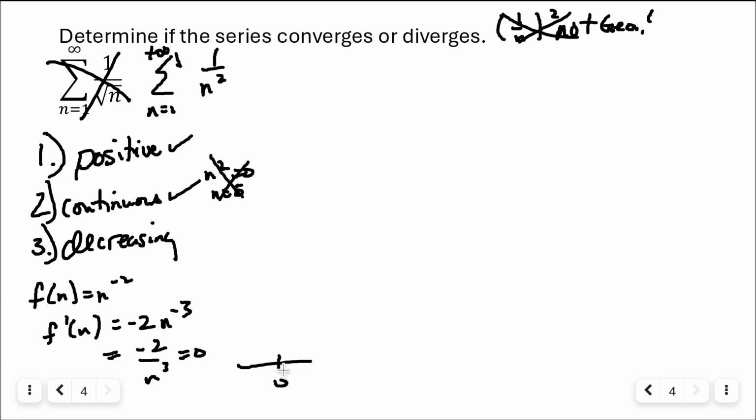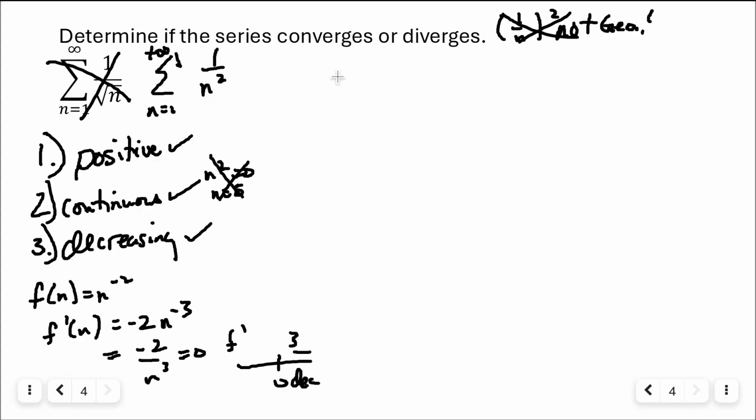So I can put 0 on my number line, but if I go anything to the right of 0, pick any number you want, plug it into f prime, like 3, it's going to give you a negative number because the top is always negative and the bottom's always positive. So this is negative here, so this is decreasing. So sure enough, it's decreasing. So we can use the integral test.